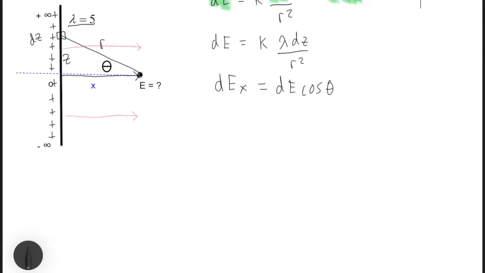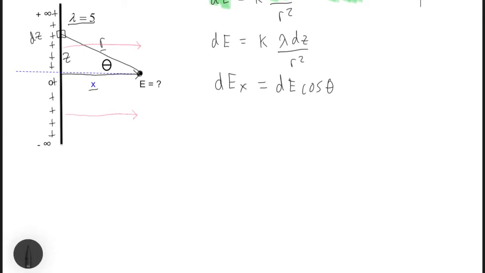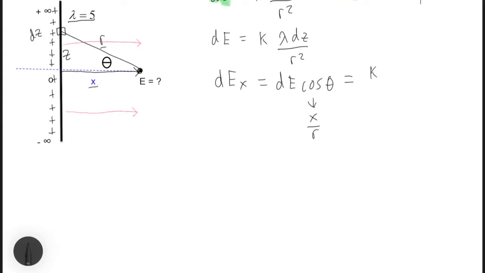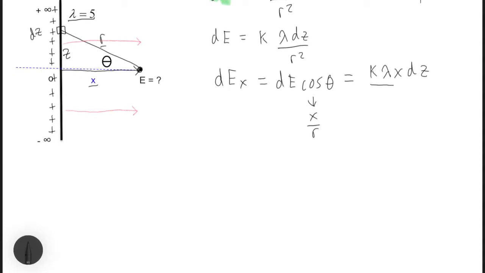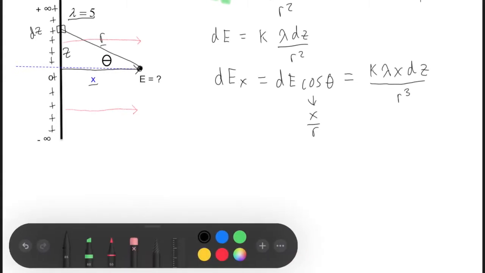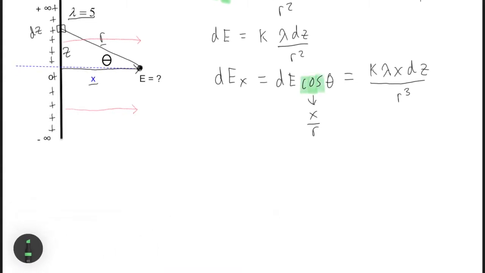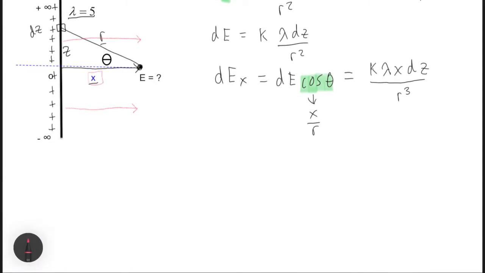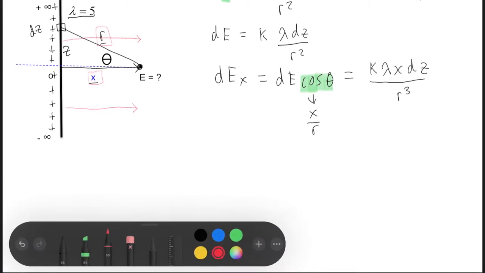Cosine for our function would be x over r. So our dEx will be equal to k lambda x dz over r cubed. All we did here is replace our cosine with what we have written out. So as long as we have a good picture, it's really easy to set up this problem.